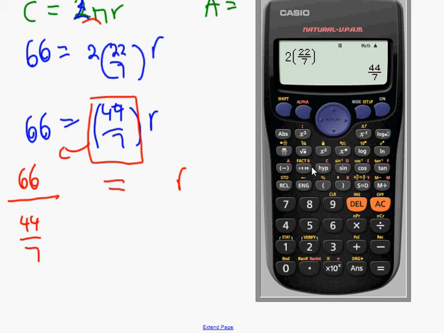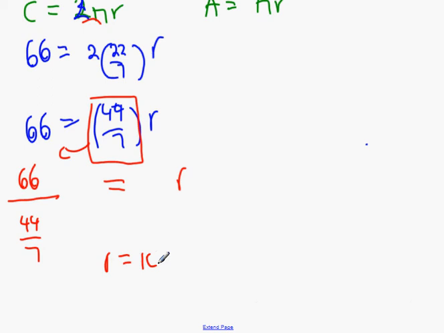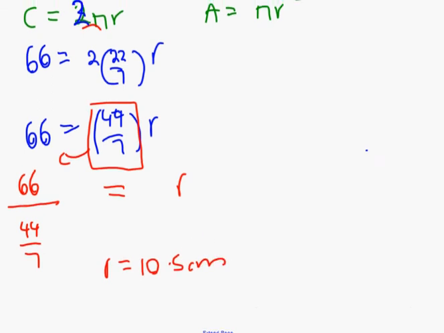Perfect. So here's what you do. 66 over 44 over 7. Radius therefore equals 10.5. Okay. Now the radius equals 10.5.